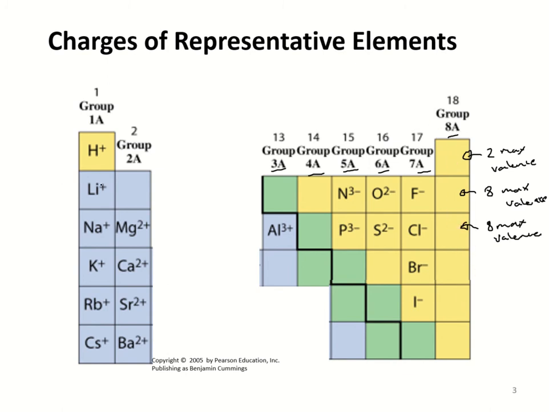So what you see here, lithium plus, implies that we have lost one electron. That's what the plus sign represents. Magnesium 2 plus implies that we've lost two electrons.